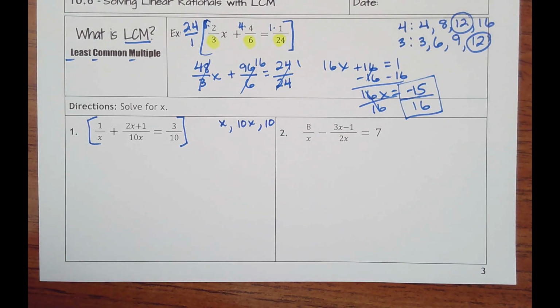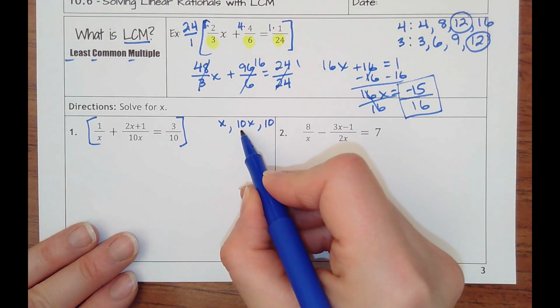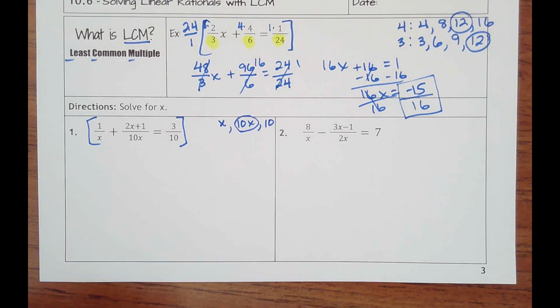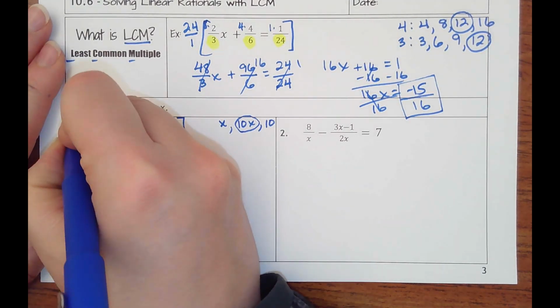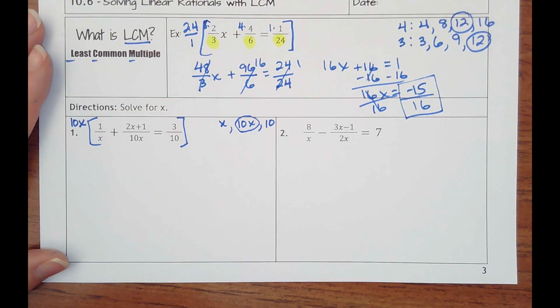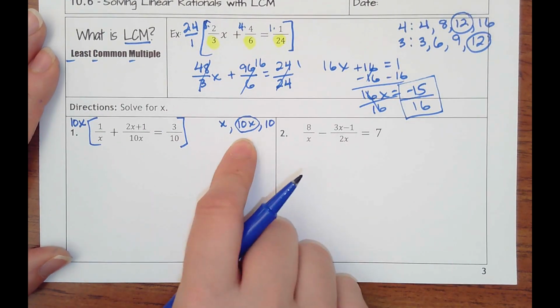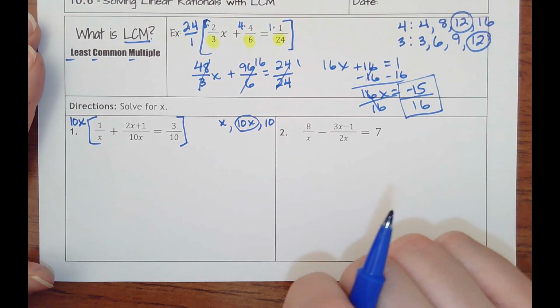X is like a piece and 10 is like a piece. I have to multiply them together to get 10x, which actually already shows up right here. So our least common multiple of this is the 10x. Every part that you see has to show up as multiplication somehow.